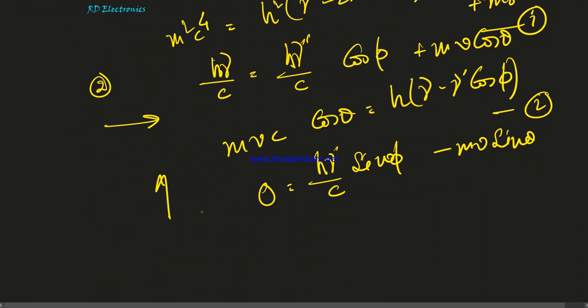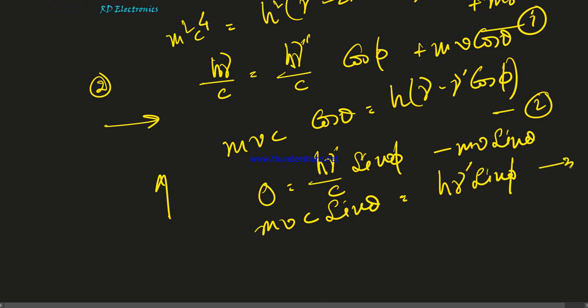So from here we get m v c sin theta equals h nu dash sin phi. So this is equation 3.